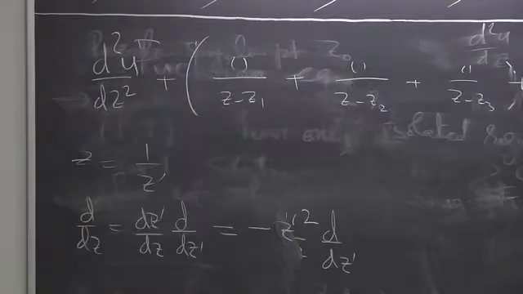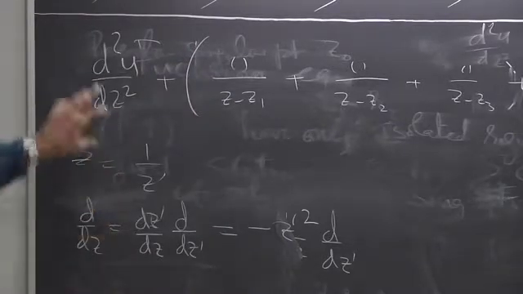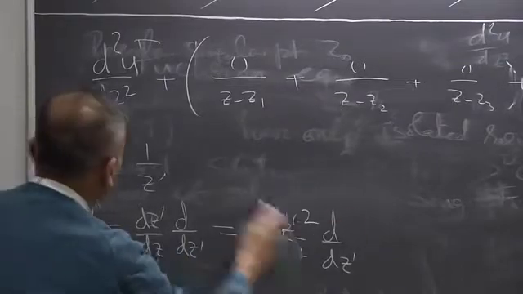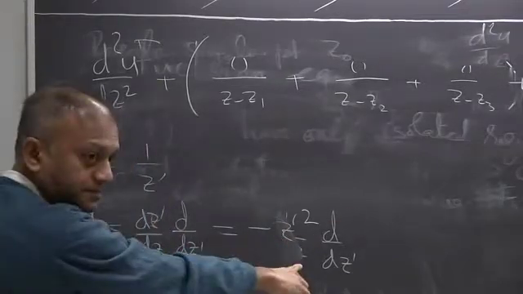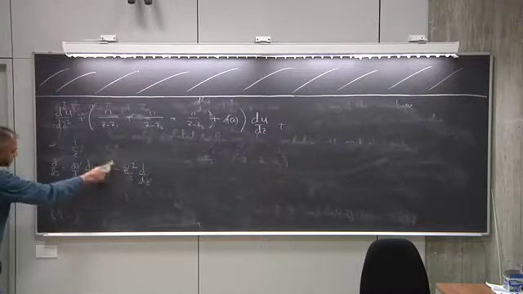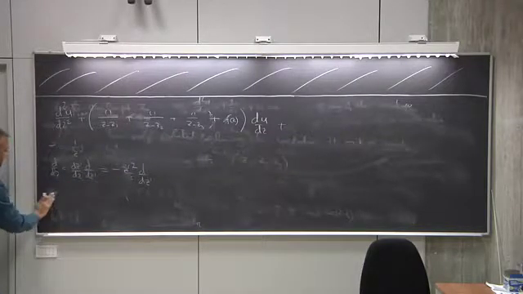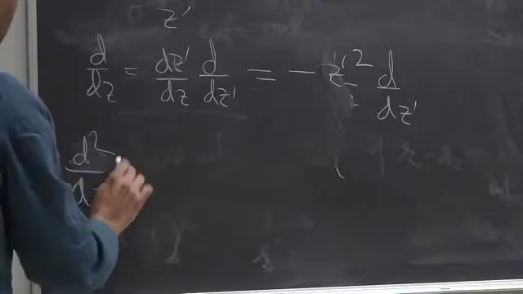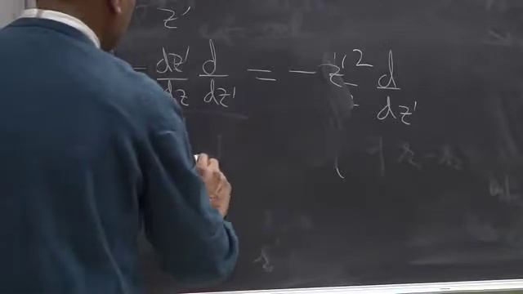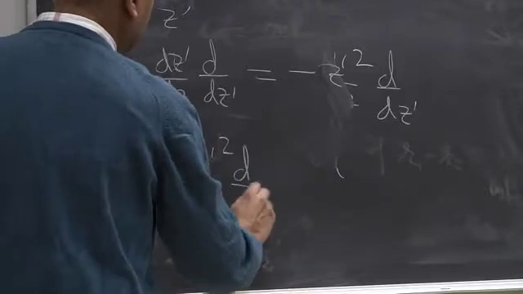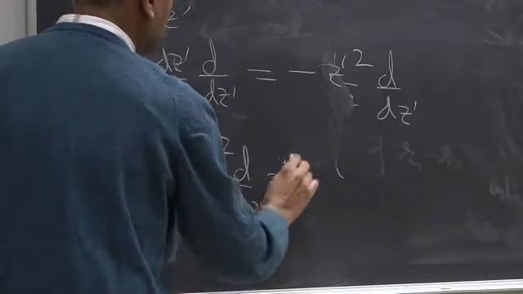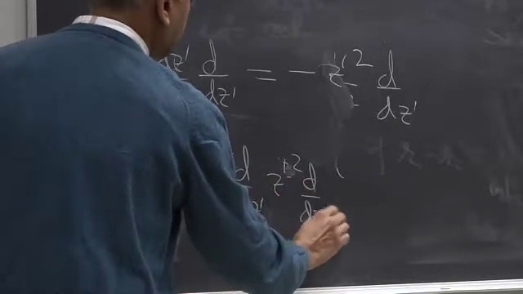Now let's see what happens to this second order derivative. There are two such factors, each d by dz replaced by that. Minus minus becomes plus. So d2 by dz2 u is the same as z prime square d by dz prime of z prime square d by dz prime u.